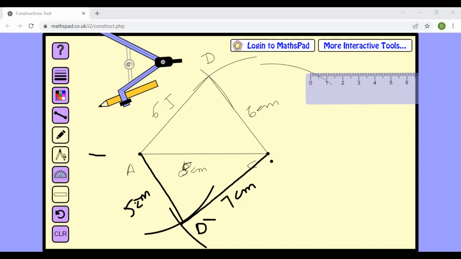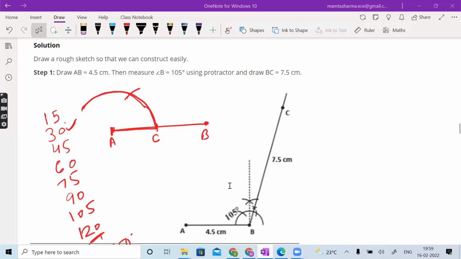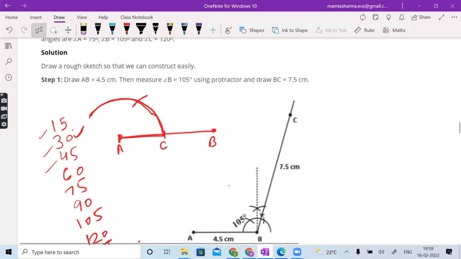Okay. This one. Yes. We can draw 15 degrees. Yes, 30. Ma'am, now I can see. Yes. Now see, when you put the needle at C, the first arc will be at 60 degrees. When you put your needle at point D, the second arc will make 120 degrees. Right?